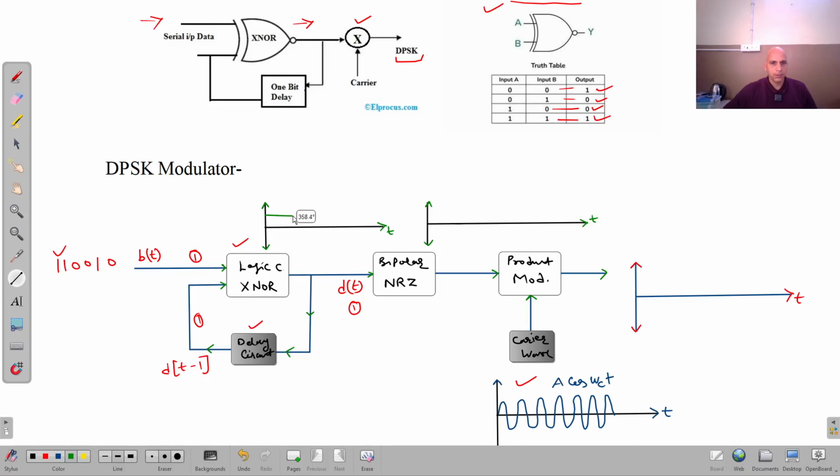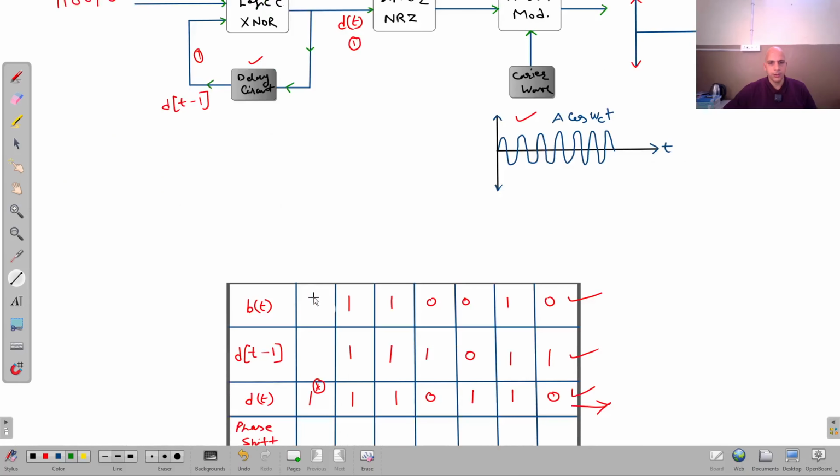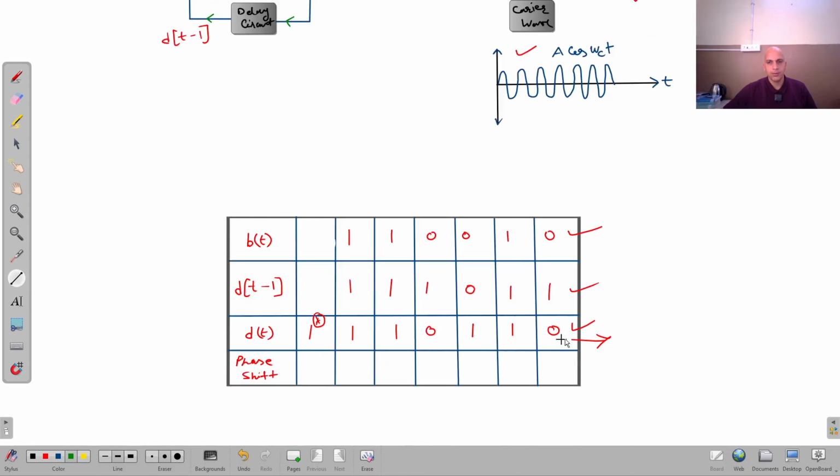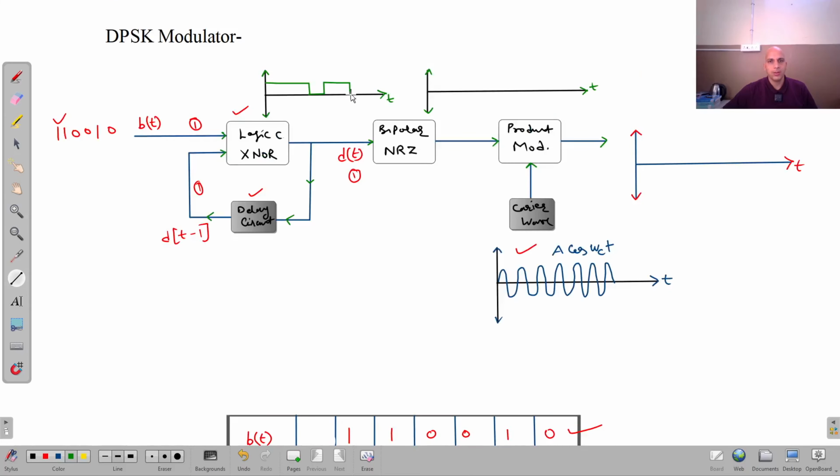You can see 1 1, then 0, 1 1 1 0 1 1 0. So this is again then 0, right?